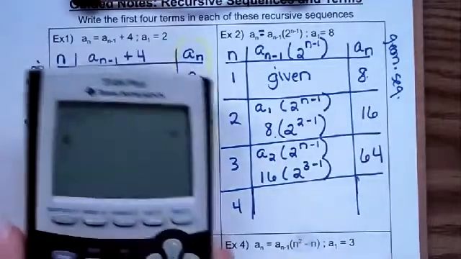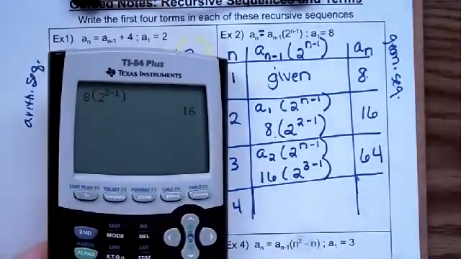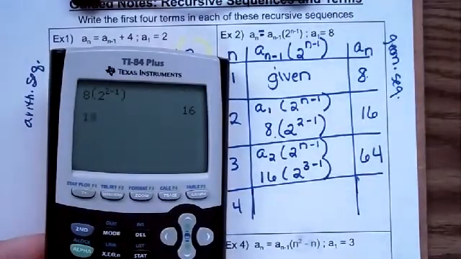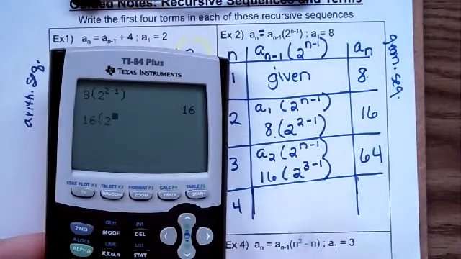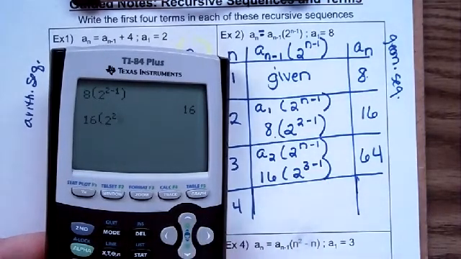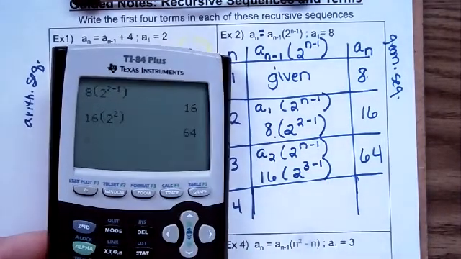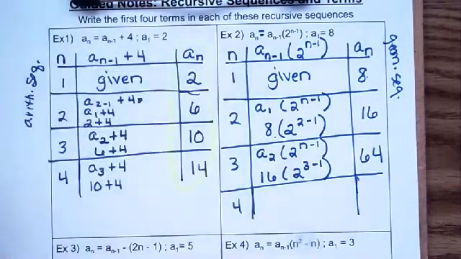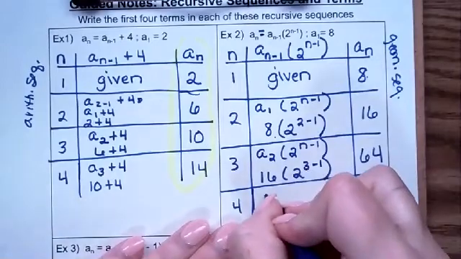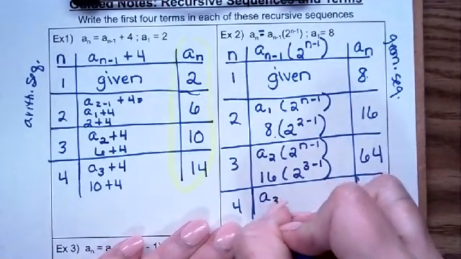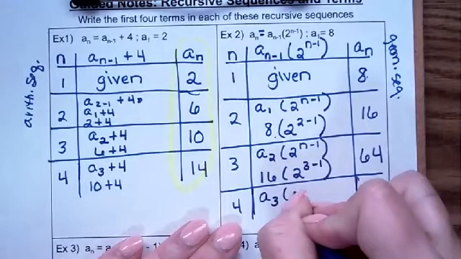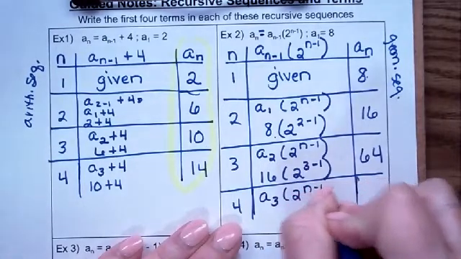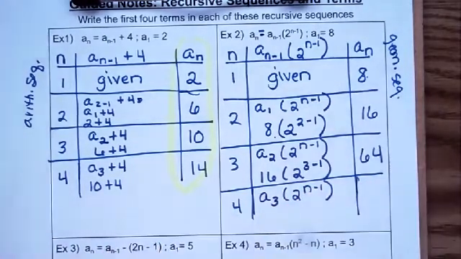Again, if I need to, I can put it into my calculator right here. 16 parentheses 2 to the, well, 3 minus 1 power is just 2, parentheses, and it tells me 64. Okay, now let's do our fourth one. Fourth one is going to be A sub 3, and then 2 to the N minus 1 power, just like that.